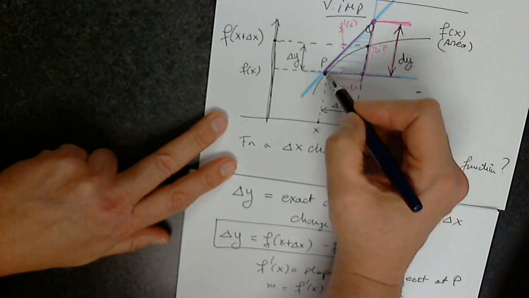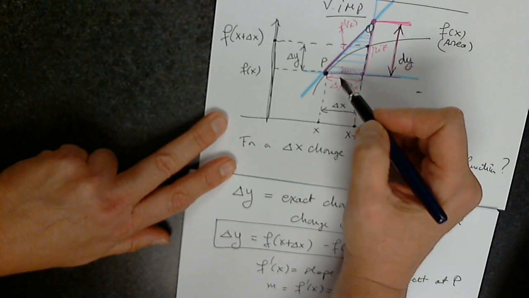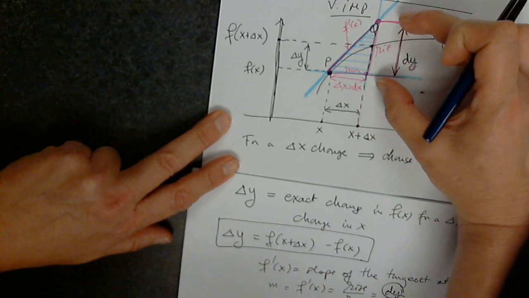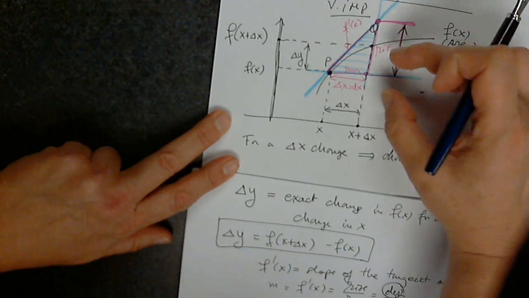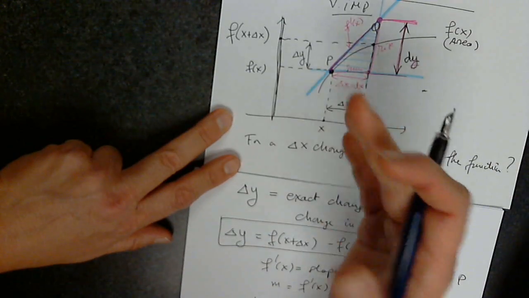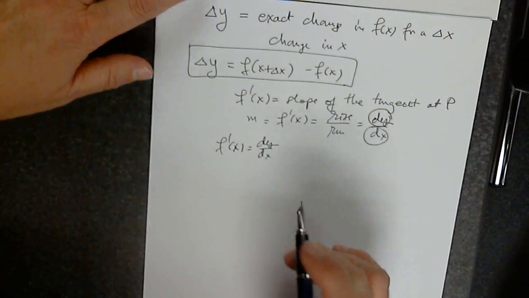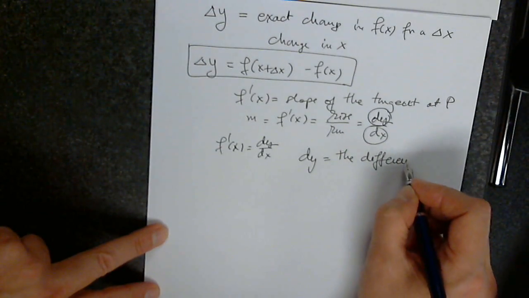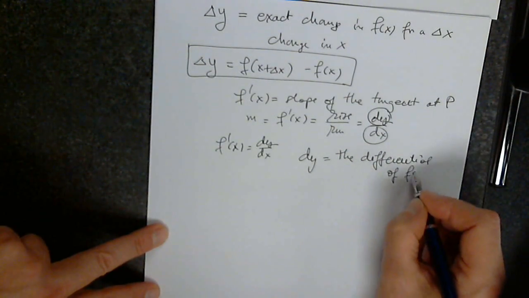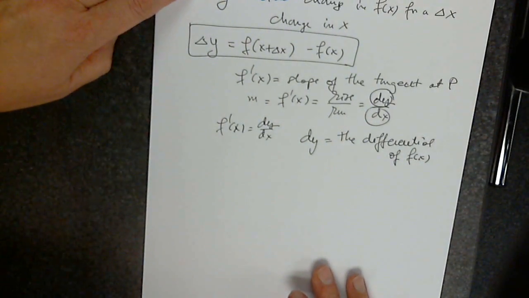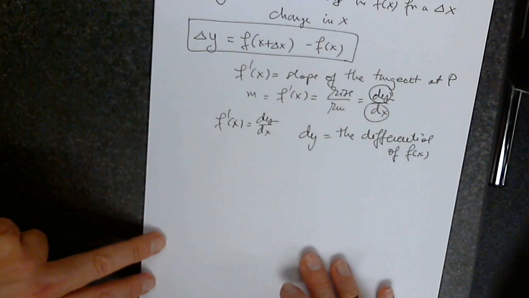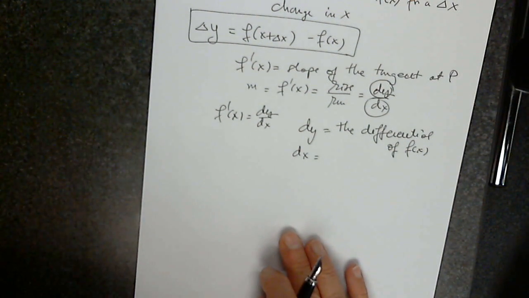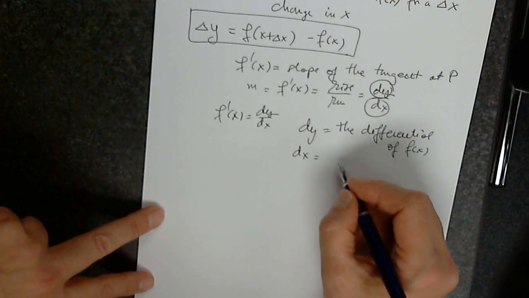Also remember, Q and P are very close to each other. I will never have this much of delta y and this much of dy. They are very close to each other, but I have to zoom in order to explain what I'm doing. So dy is called the differential of function f of x. Dx, it's the change in x, but it's also called the differential of x.